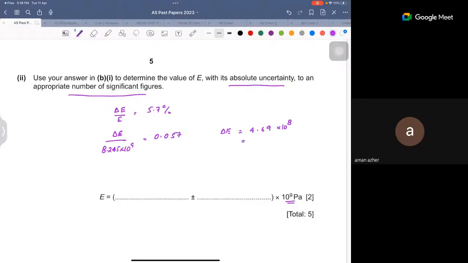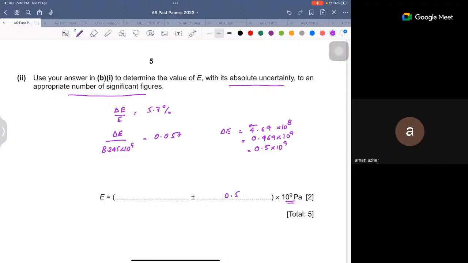So if you convert this to 10 raised to power 9, you're going to move the point this way. If you move to the left, it will be 0.4. So I'm going to convert this to 0.5. Let me just write it so you guys understand: 10 raised to power 9. And then I'm going to convert this to one significant figure. Uncertainty is always 1 significant figure, so I'm going to write 0.5.